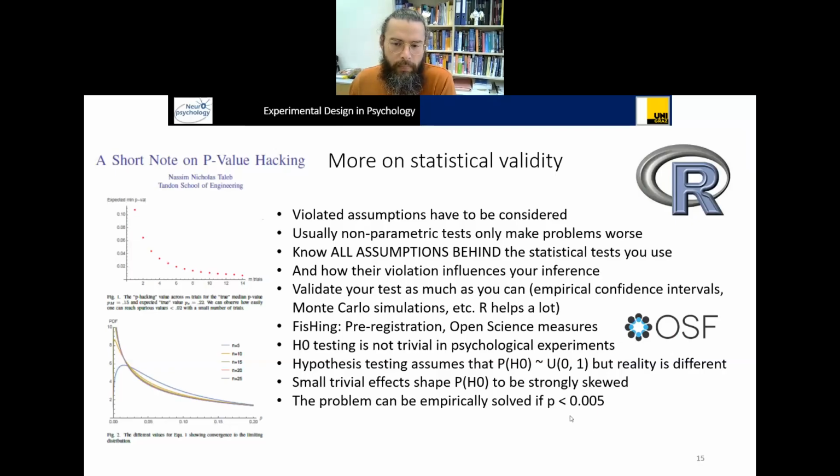So instead of a 5% threshold, you use a 0.5% threshold, and then you can address these problems much better. This is, of course, a simple solution for a complex problem, and it's not perfect, of course not, but it can help. So be aware that this is a thing when you are designing your own experiments.